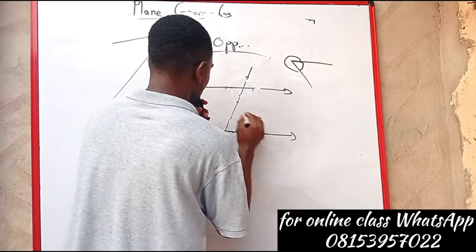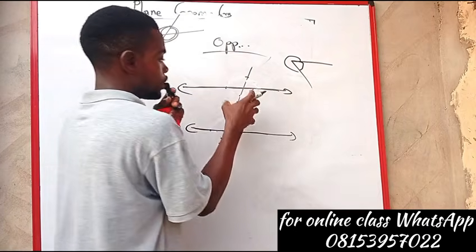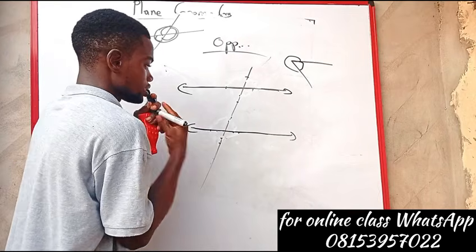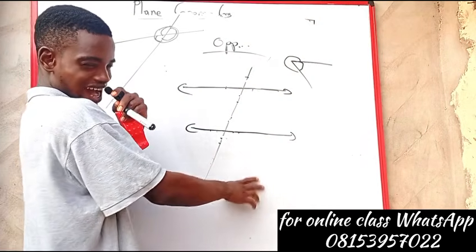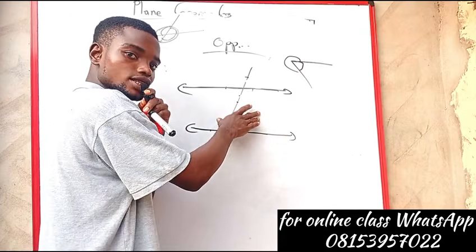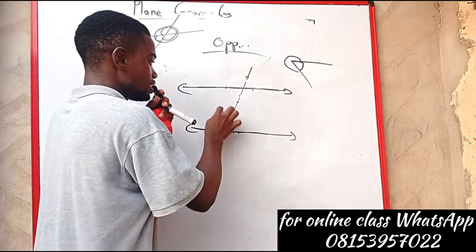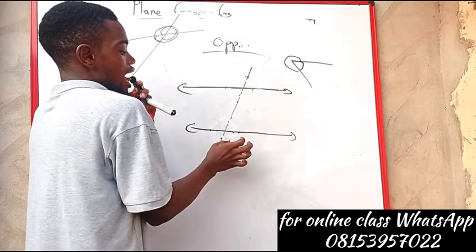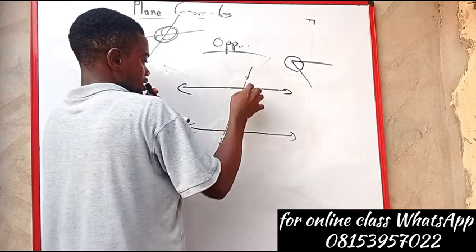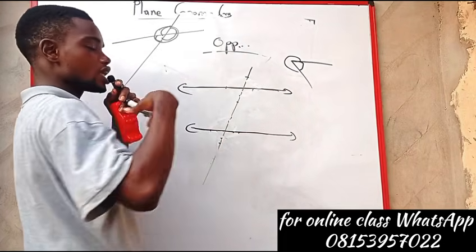Now, if you're inside there, it means that you're inside. If you're out, it means that you're what? Outside. Inside there is called interior. Outside there is called what? Exterior. Now, angles that are found inside here are all interior angles. Angles that are found outside this place and this place are called exterior.